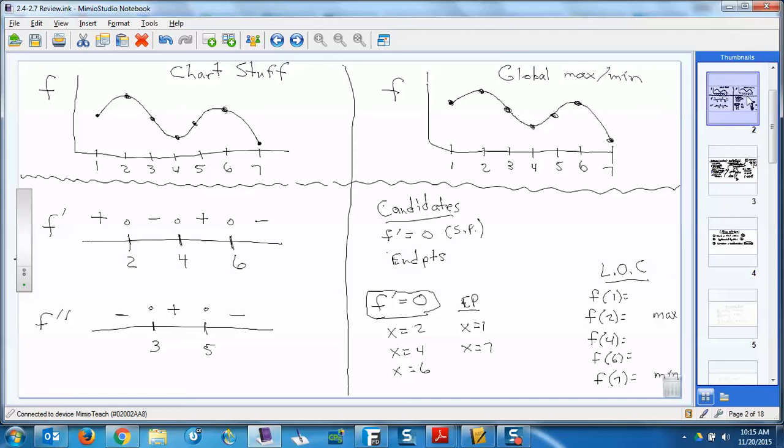What I showed over here is a function I made up with some local max and inflection points. If you were being asked where the function is increasing, decreasing, concavity, all those things that are in the chart, basically you take the derivative, set it equal to 0, and put those points, which would be here and here and here, on a number line.